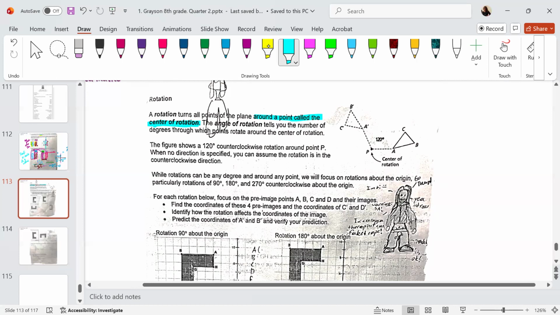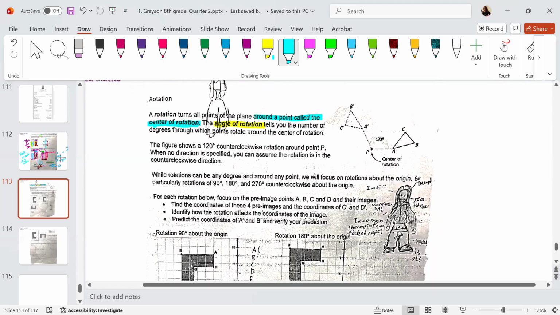Because me showing you how to do this makes more sense if you actually mentally understand what it is you're doing. And another thing, angle of rotation, okay?